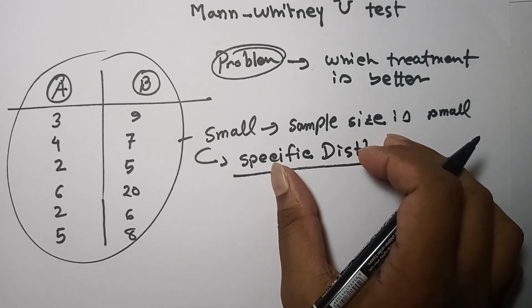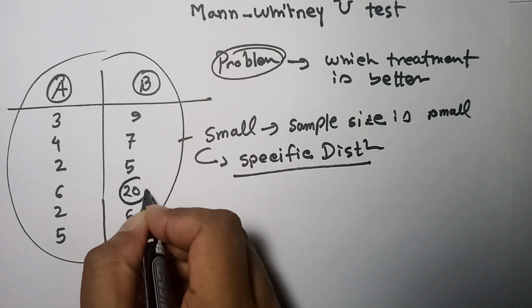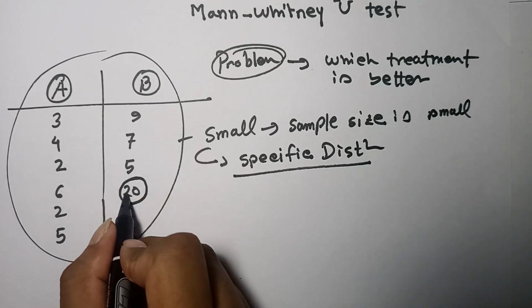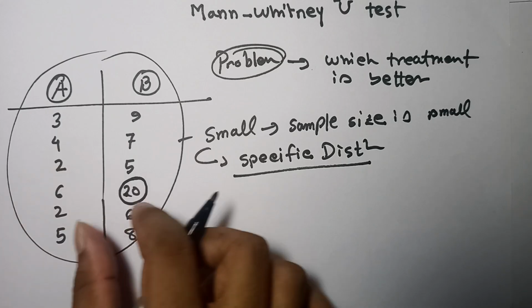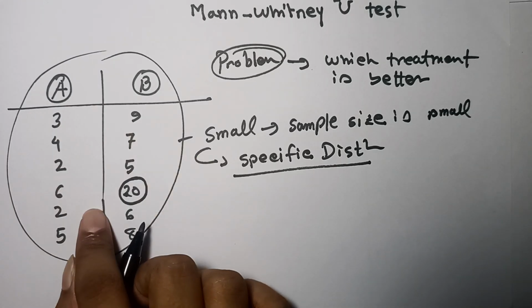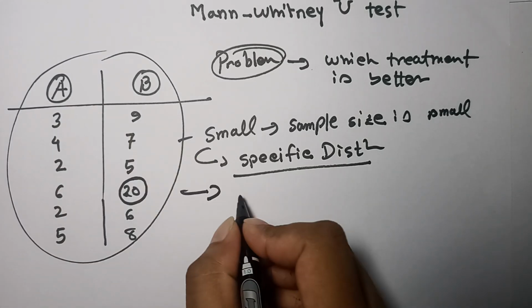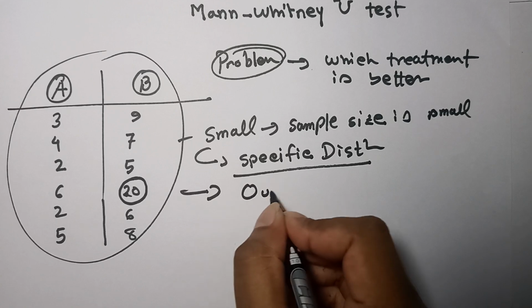Okay, and if you notice more clearly, this data set has an outlier. It is 20. This 20 is very far away from the other scores.